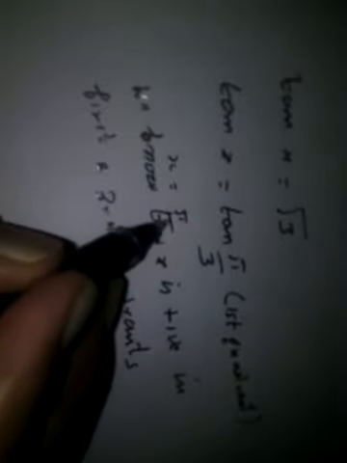So this is one value we have received, tan x is equal to tan pi by 3, or we can say x is equal to pi by 3. We have to find the value of x only, so x is equal to pi by 3.